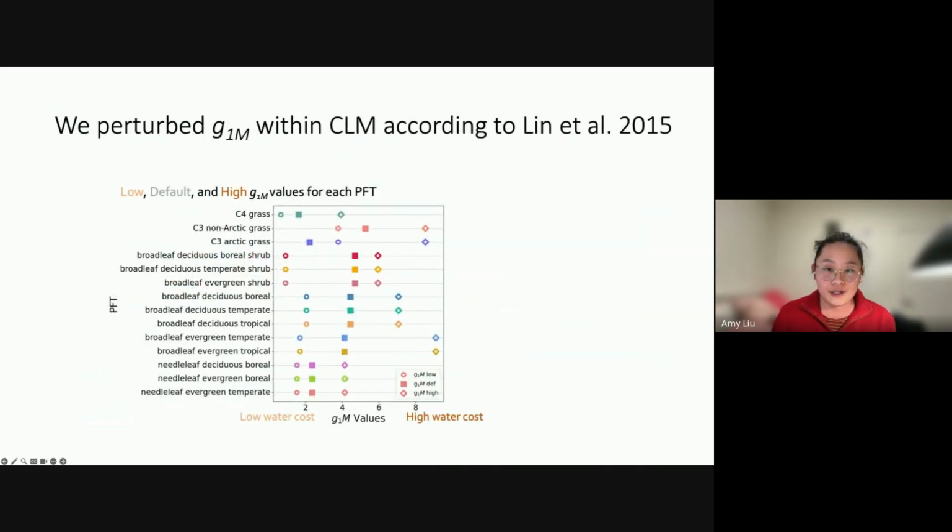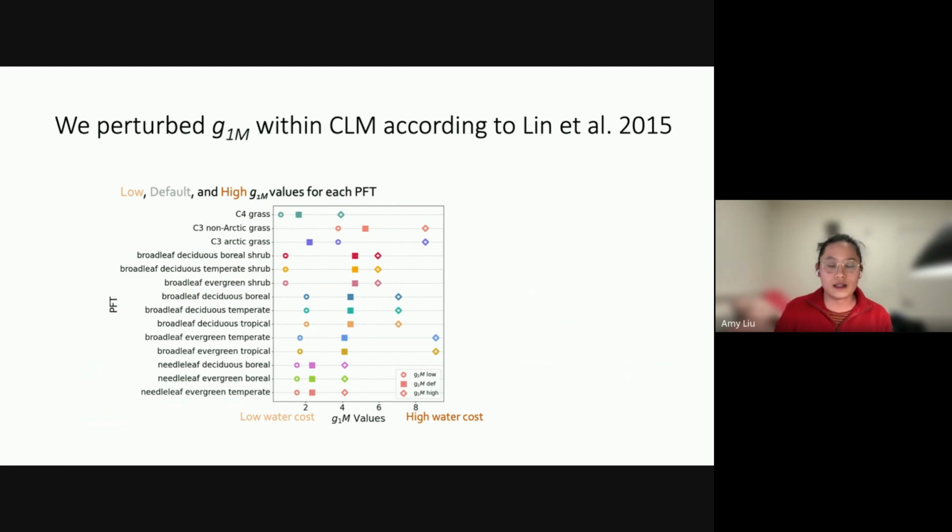As I alluded to earlier, we perturbed GUNM within CLM according to the 5th and 95th percentile from the Linnell 2015 database for each PFT. So this is a plot of different PFTs within CLM and their perturbation. The solid square is the default value used within CLM for that PFT, and then the open shapes are the low and high perturbation.